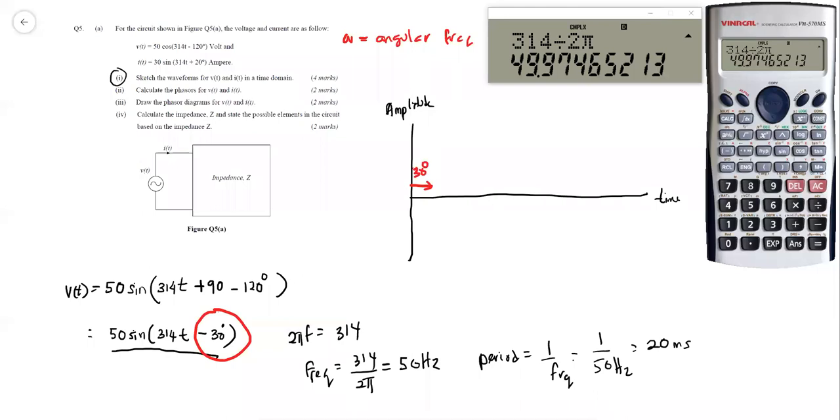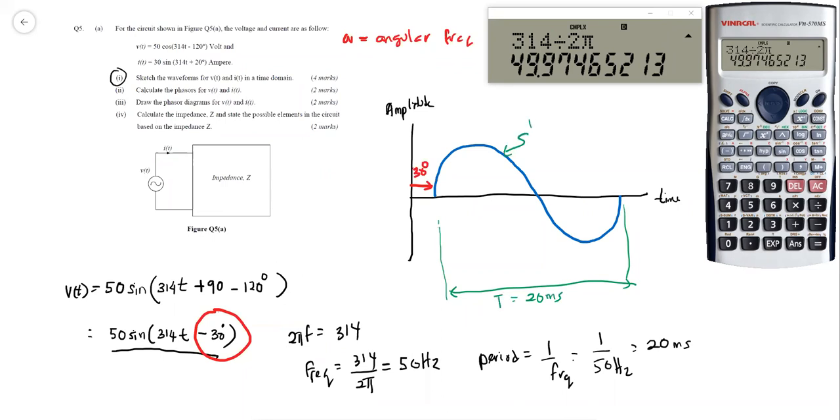So your waveform will start here. And your period, you need to put all the labels. So this is your 20 millisecond period. So this is your Vt.